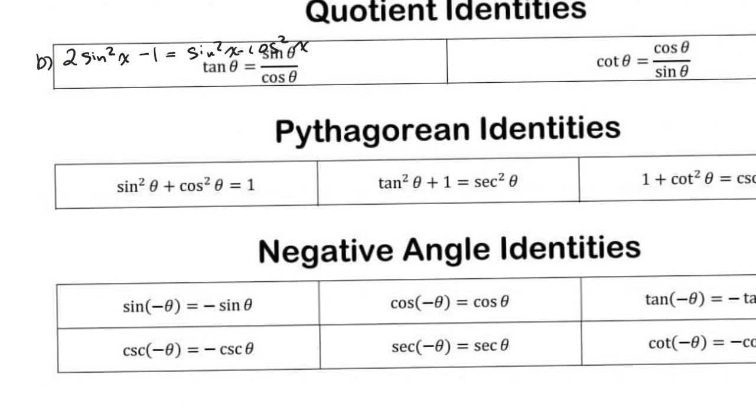So, sine squared theta plus cos squared theta equals 1, I could rewrite this as sine squared theta equals 1 minus cos squared theta. And then based on that, we can do some mathematics to come up with what we want, and manipulate. So let's do that right now.